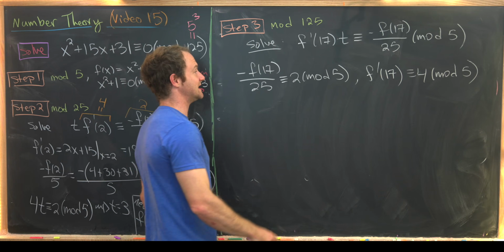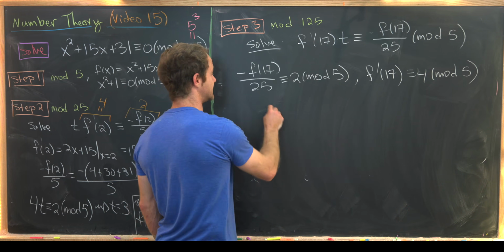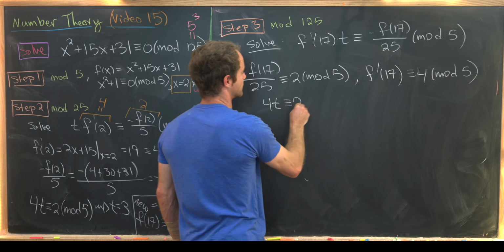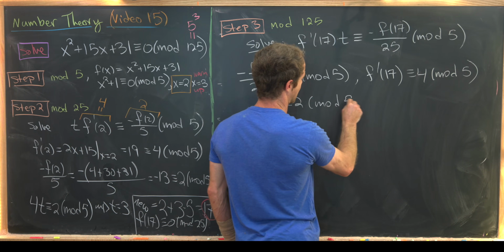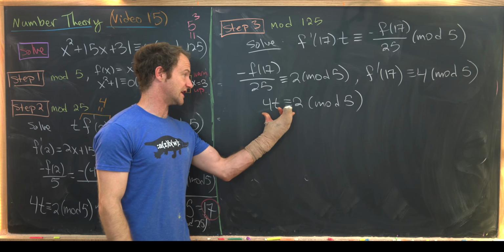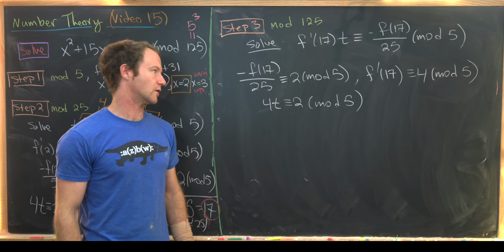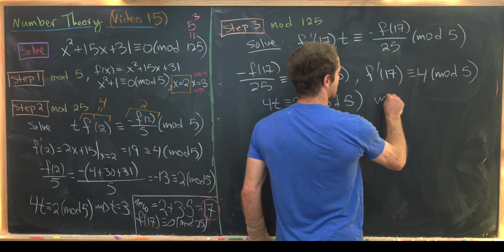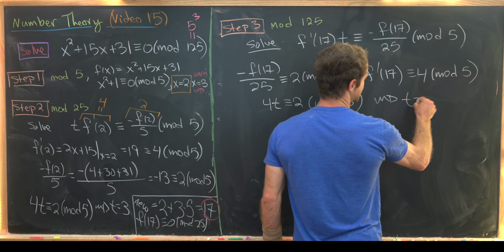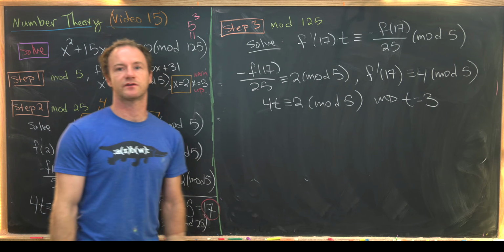So that means we need to solve, plugging those things in, 4t congruent to 2 mod 5. And it's just dumb luck that we end up with the same linear congruence that we did down here. Don't assume that's always going to happen. So that means that our solution for this t is t equals 3.